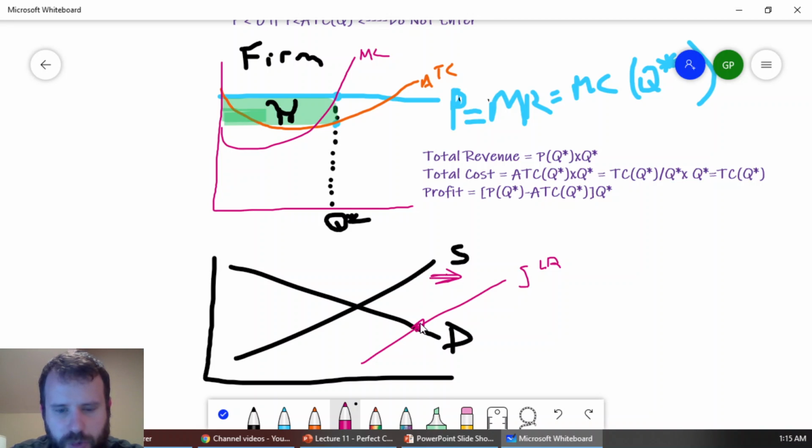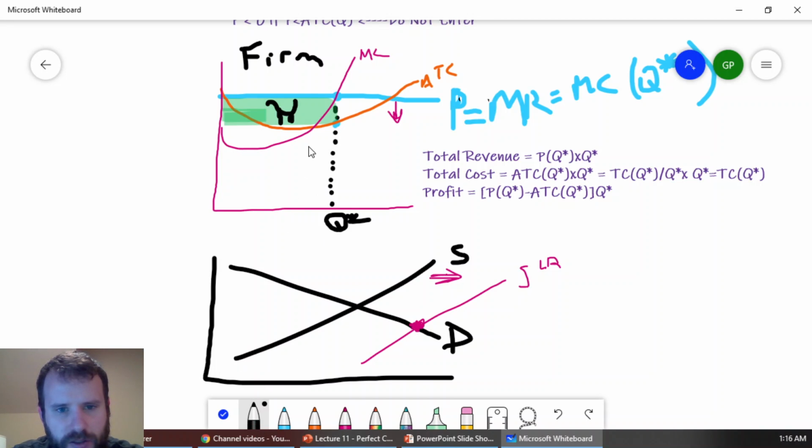It's going to decrease your price, right? So the price is going to drop.